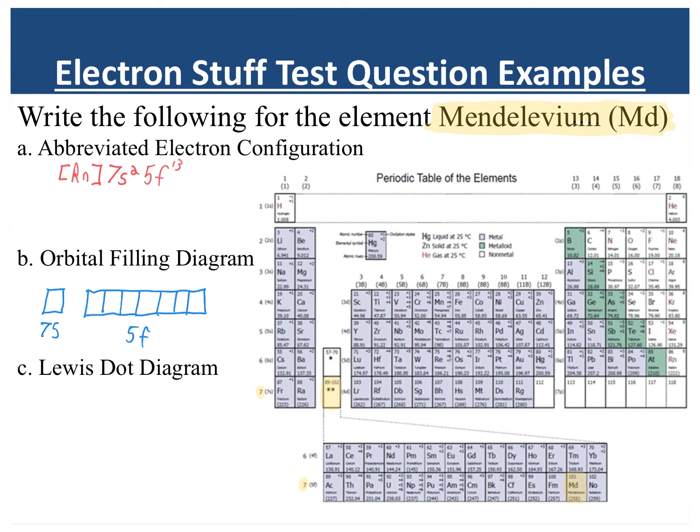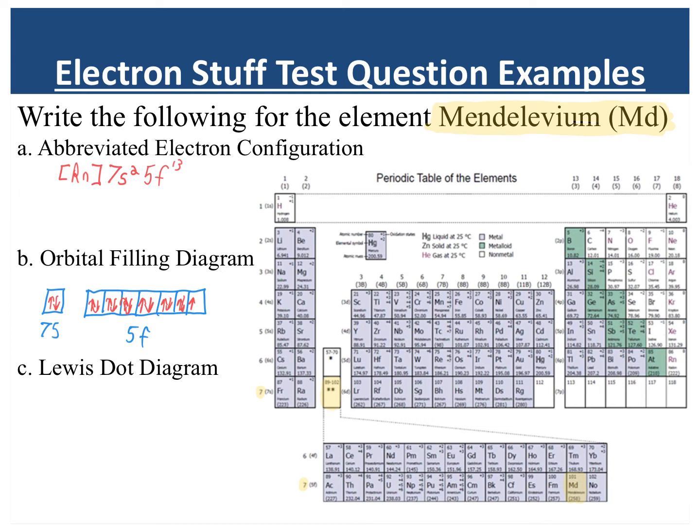According to my abbreviated configuration, I have an up and a down in 7s. And I need 13, 2, 3, 4, 5. Half fill first. 6, 7, 8, 9, 10, 11, 12, and 13.